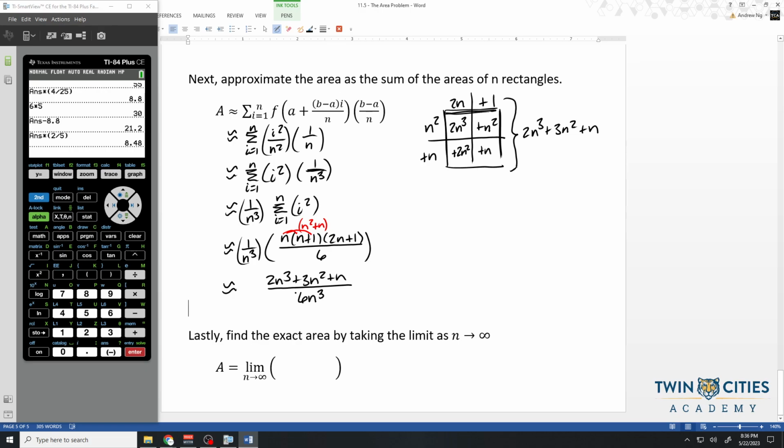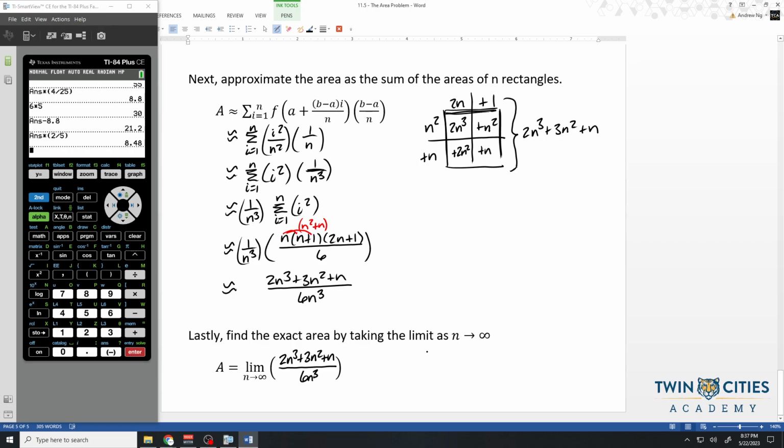Now let's find the limit of this as n approaches infinity. So the area is going to be equal to the limit as n approaches infinity of 2n to the third plus 3n squared plus n over 6n to the third. And just like the last section, as I'm taking the limit as n approaches infinity, I look at the leading powers.